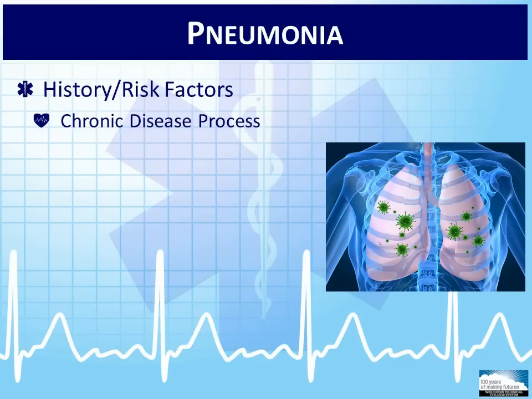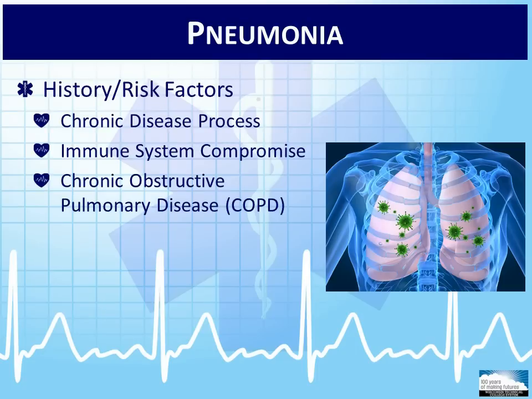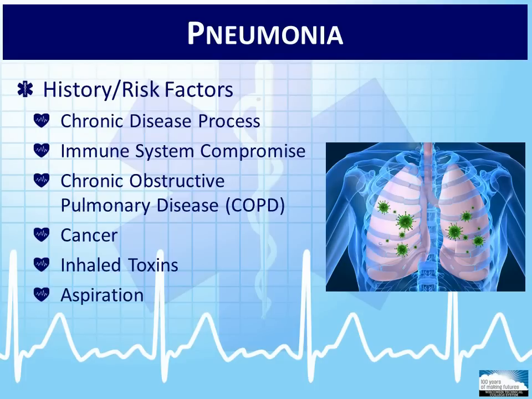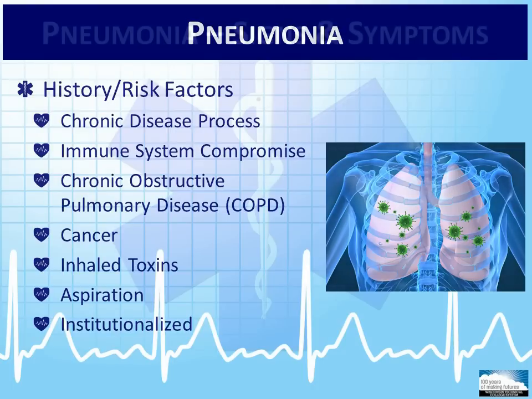Chronic disease processes, immune system compromise, chronic obstructive pulmonary disease, cancer, inhalation of toxins, and aspiration are some of these conditions. Additionally, institutionalized geriatric patients are at a higher risk of developing nosocomial hospital-acquired pneumonia, given an increased likelihood of exposure to many of these conditions and other factors.